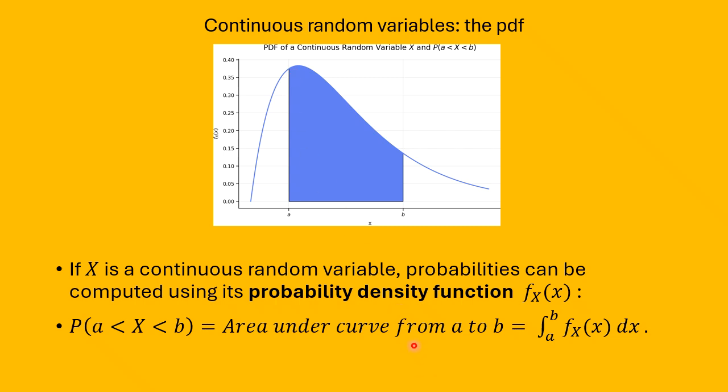If you had calculus, you know that this area is going to be the integral from a to b of that density function f of capital X evaluated at x, integrated with respect to little x. Probabilities are always between 0 and 1. So the total area under this curve, the area from, in this case, maybe 0 out to infinity, which is way out here, would be 1.